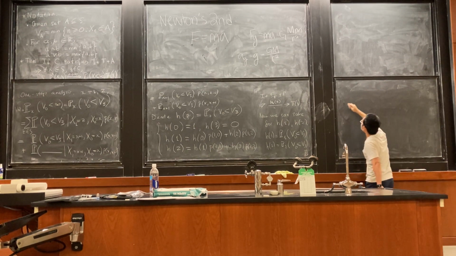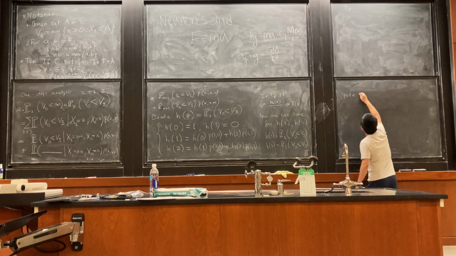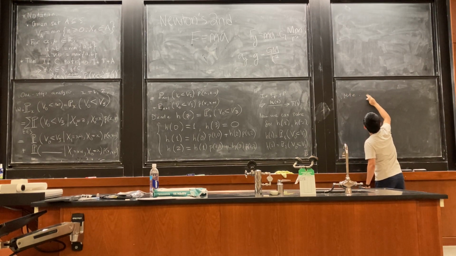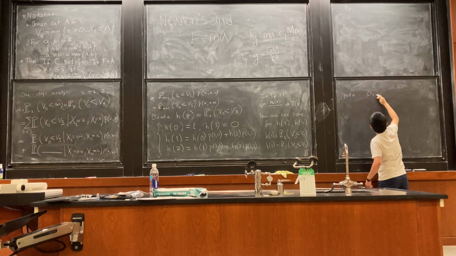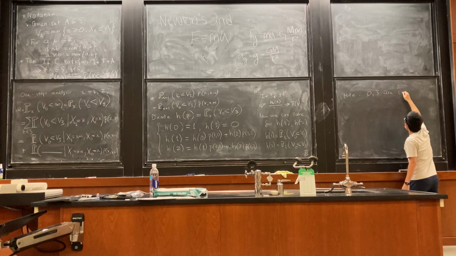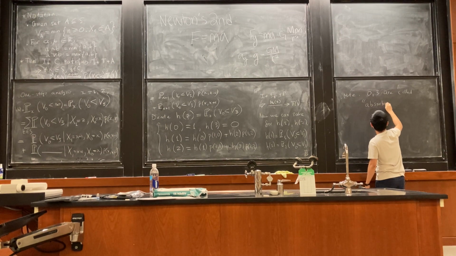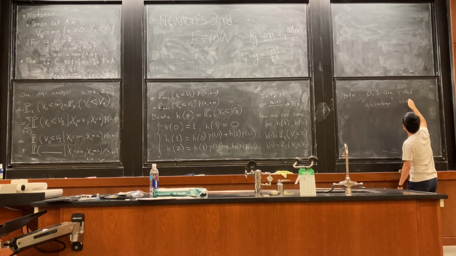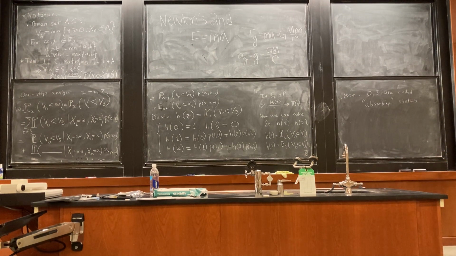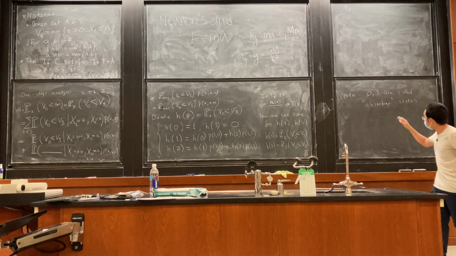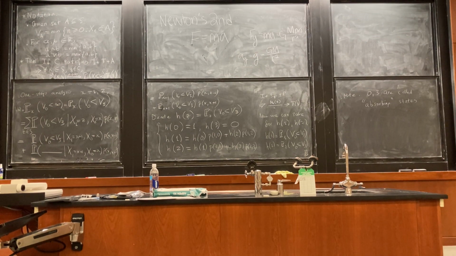Note that here state 0 and state 3 are called absorbing states. The name absorbing already tells you what it means: once I hit these states, I will stay there forever. So they absorb the Markov chain into a trivial path.